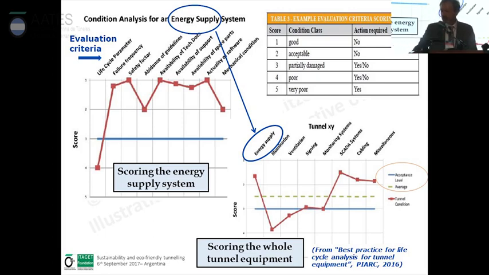The global curve in red in the second gives a photograph of your tunnel, all the systems, and so you can see where you are scoring, which family is in bad state or bad performance, and you can compare with the previous inspection, the way the evaluation of your tunnel evolves.